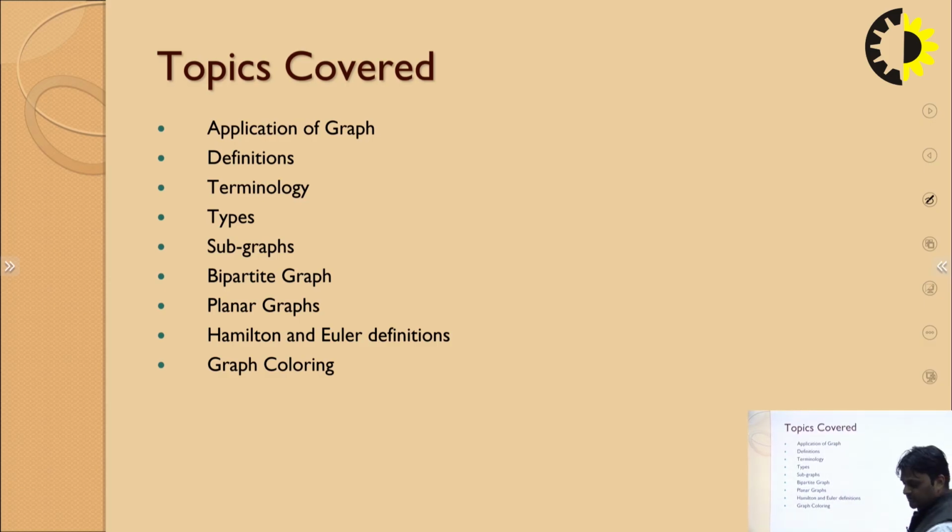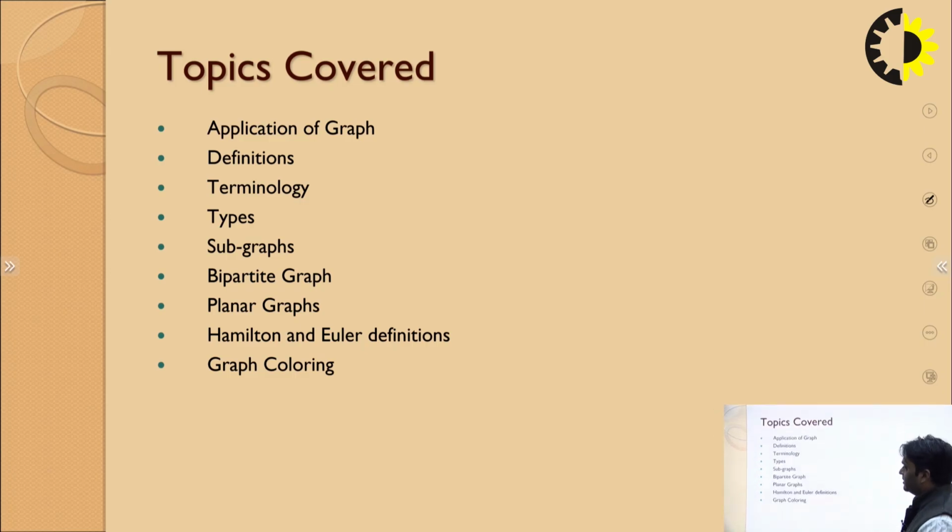In the previous lecture, I discussed the application of graph, definition, terminology, types of graph, subgraph, bipartite graph, planar graph, and Hamiltonian graph. Today's topic is Hamiltonian and Euler graph.